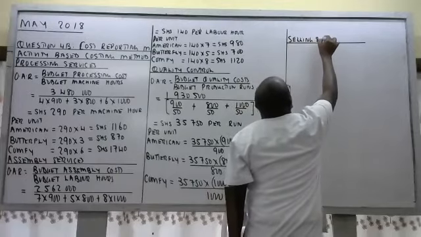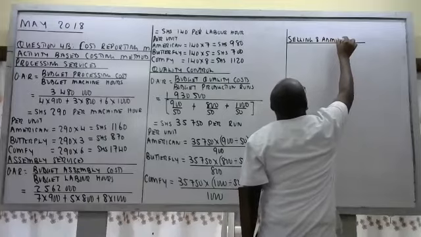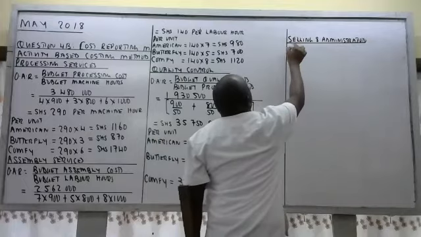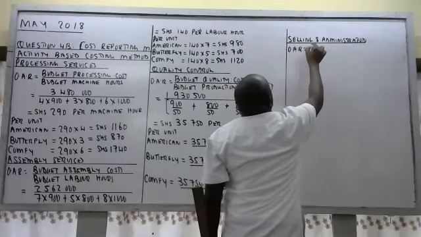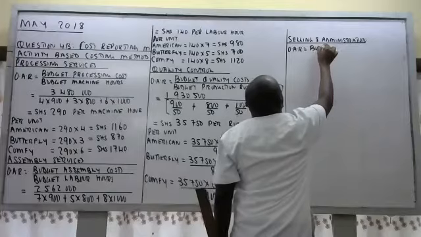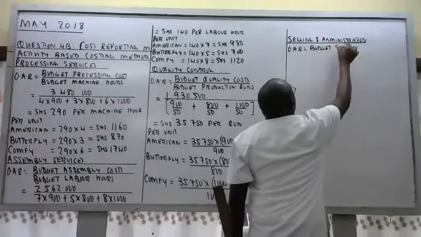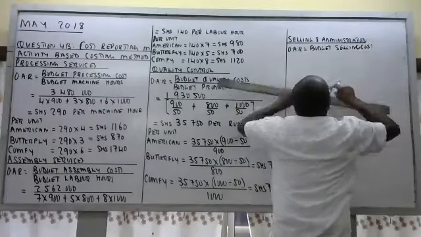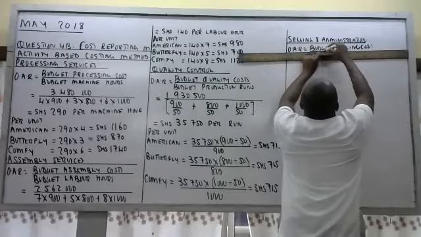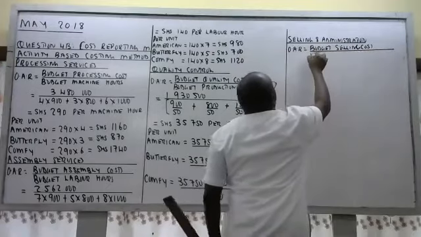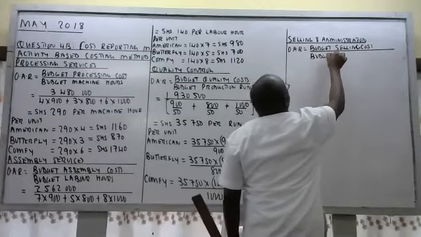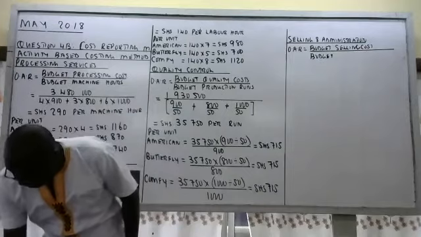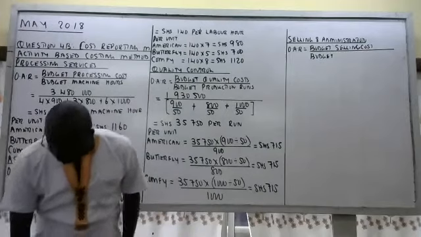So the OAR will be budget selling costs divided by budget. Now for the selling costs, I want us to write them by customer orders.